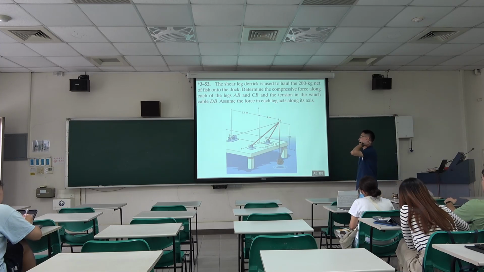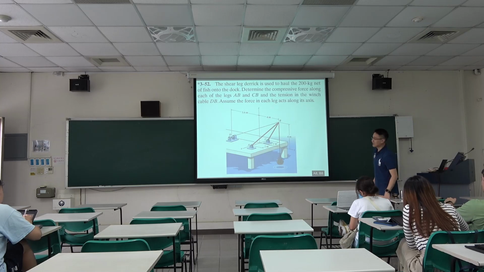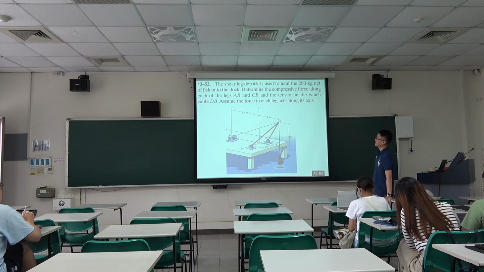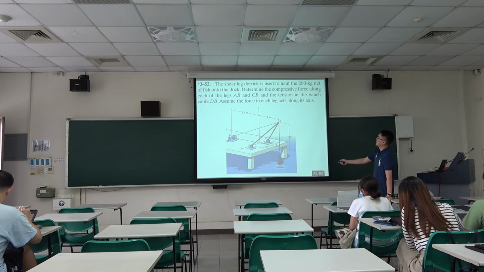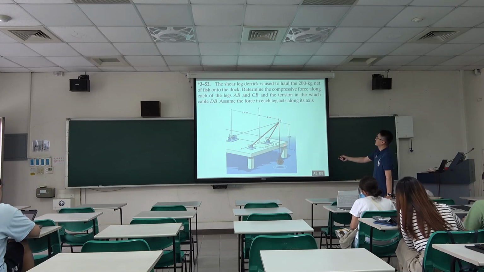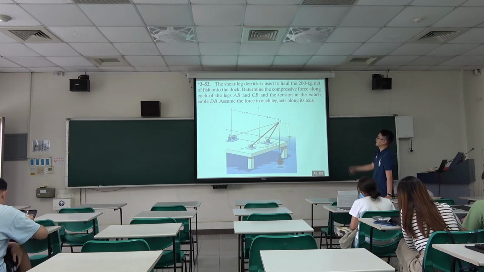Okay, next example. The shear leg, the ring, is used to hold a 200 gram net of fish onto the dock. I see the shear legs should be these two, AB and CB.